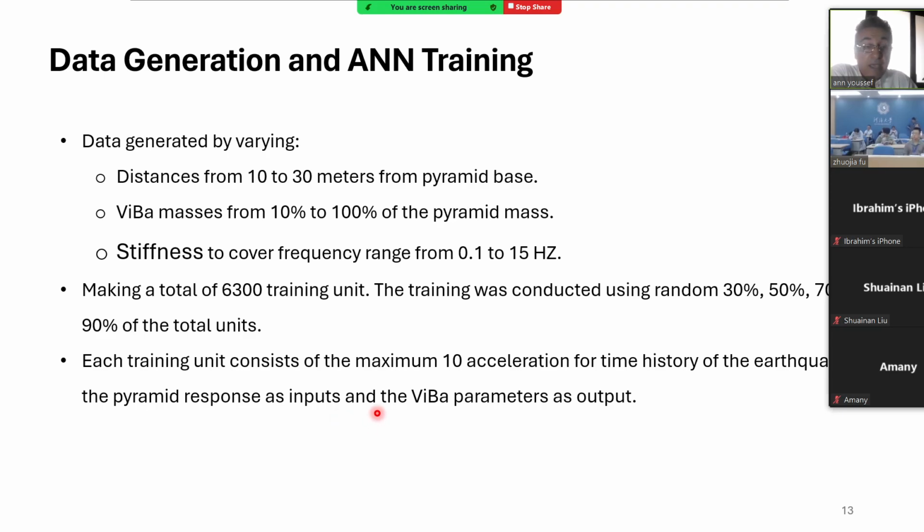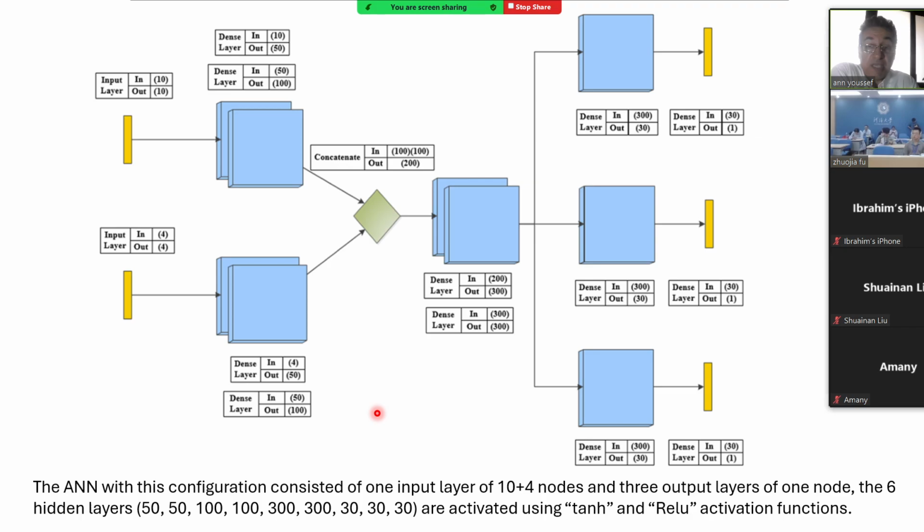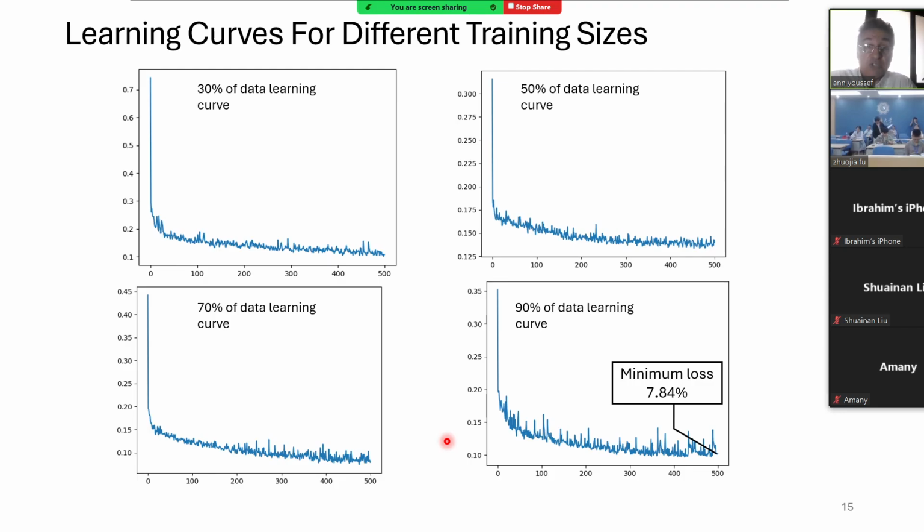As you see, this is our neural network: the 2 input layers, 10 points and 4 points, and the output layer for the 3 main VIBA design variables. We use 50, 100, and 300 hidden layers, and we run our analysis with these nice learning curves, and we stop when we have the minimum error.